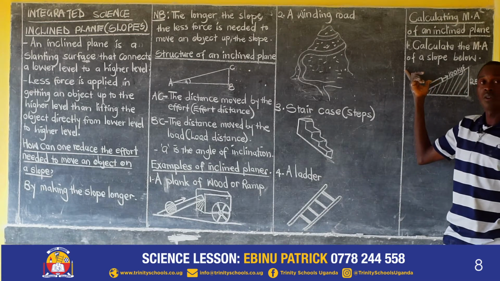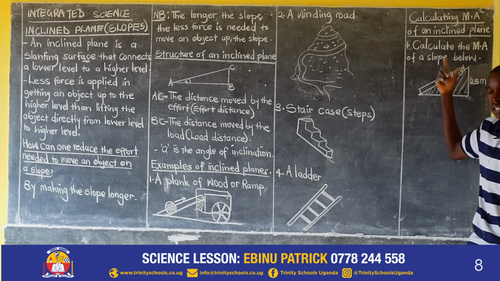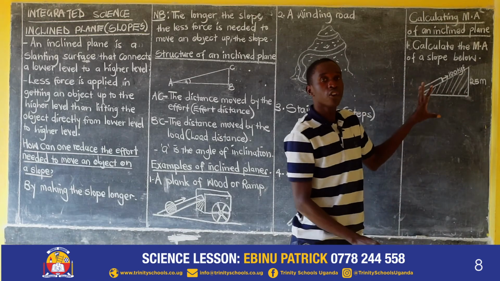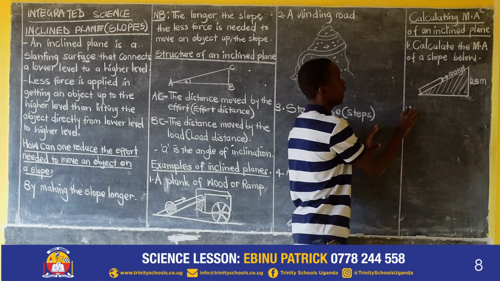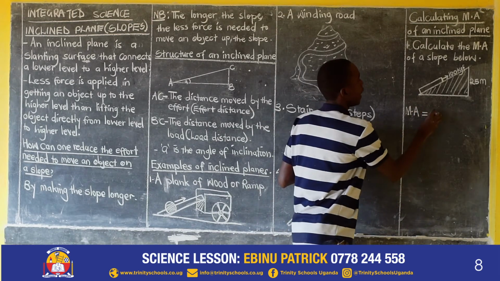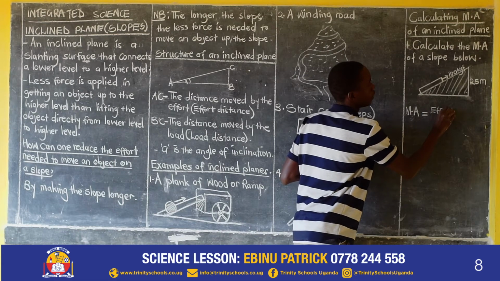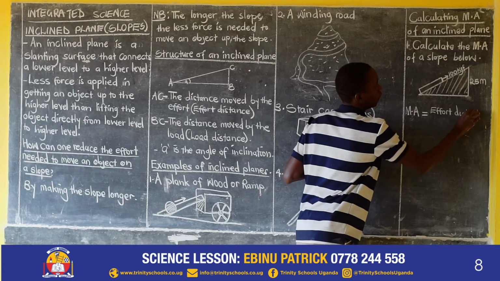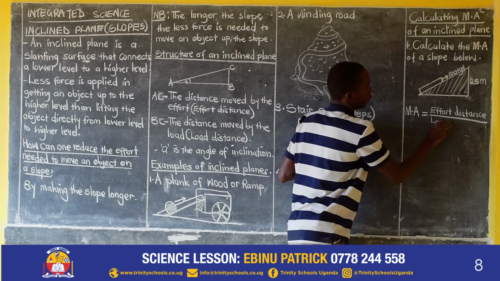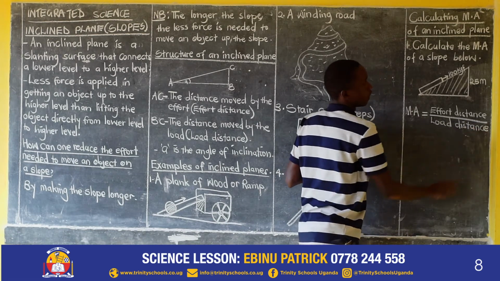We would like to look at how we find the mechanical advantage of an inclined plane. That is the next step. Mechanical advantage, represented by MA, of an inclined plane is equal to the effort distance divided by the load distance.